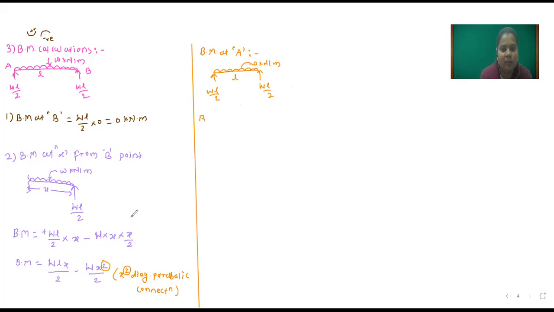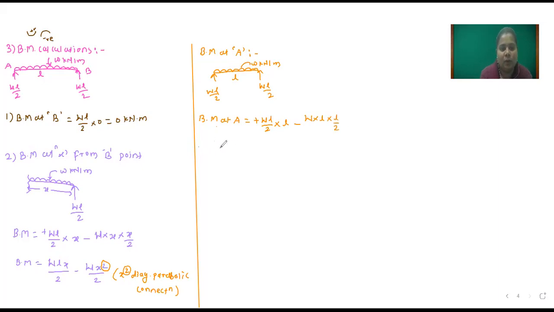So bending moment at A is equal to, this WL by 2 creates sagging, so plus WL divided by 2 into perpendicular distance L. Then this W creates hogging type of moment, so we will consider minus W into L. This uniformly distributed load converted to a point load will act at L by 2.